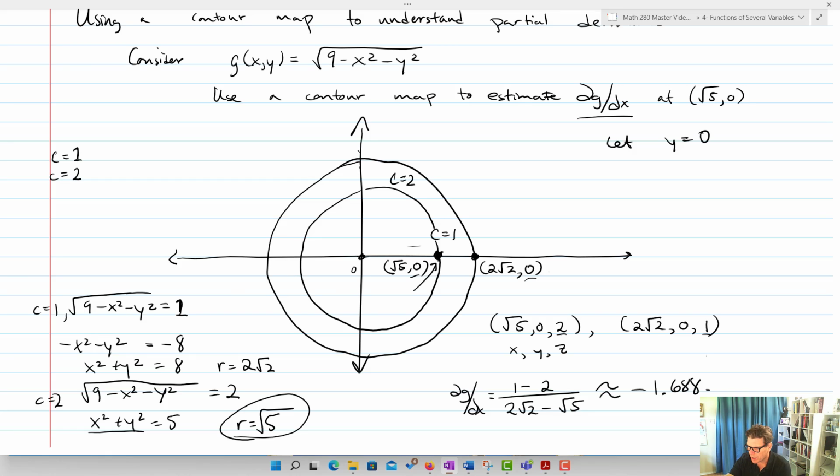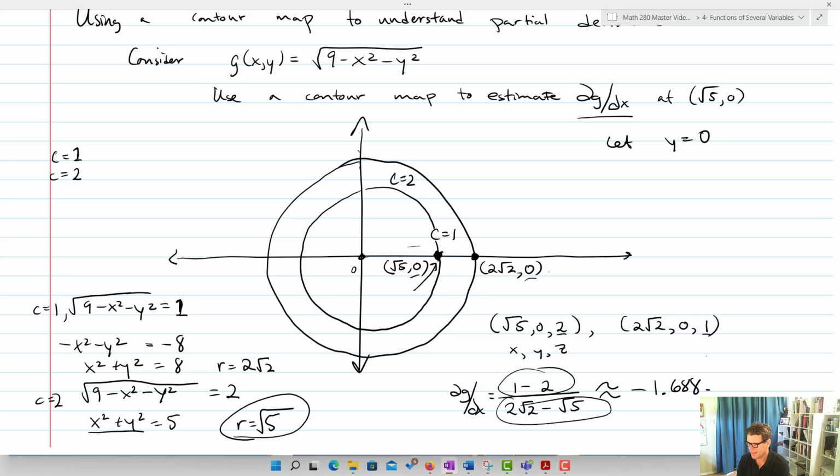What we found was the change in z divided by the change in x, the dg/dx. If we wanted to estimate dg/dy, we could go through and do something pretty similar, and theoretically we could get an identical answer.